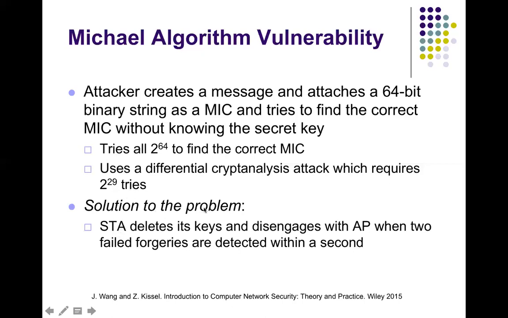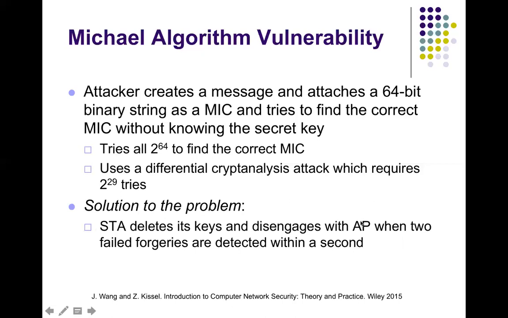So the solution to this attack is the following. When an STA detects 2 failed forgeries within a second, because the attacker tries, right, it needs to try different MICs.